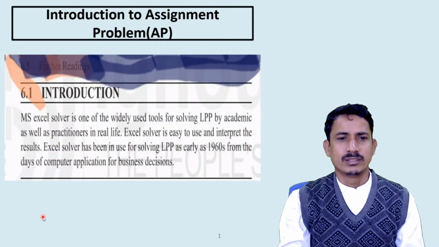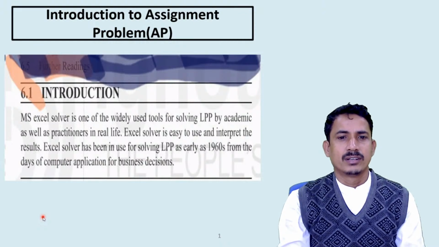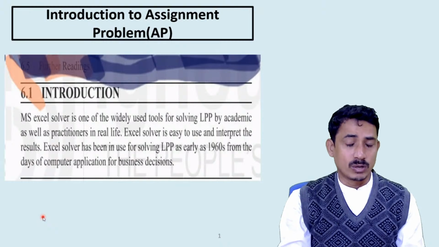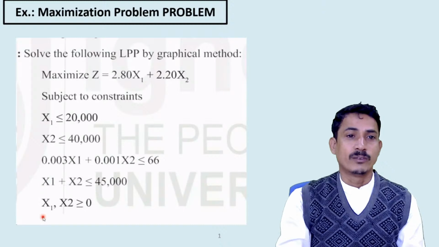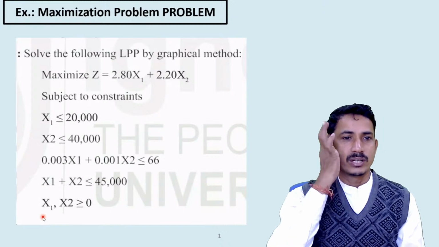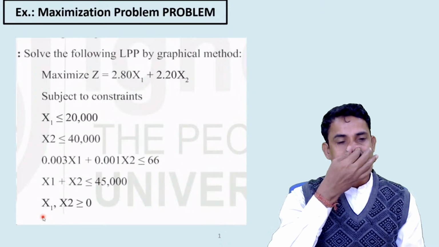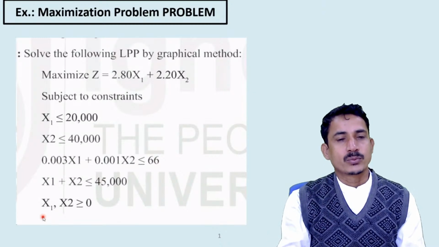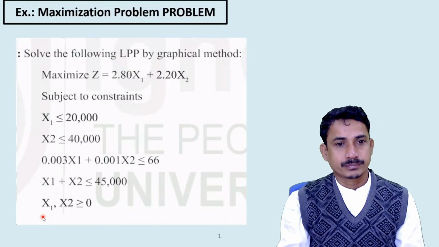You go to Excel Solver, which you will see today at the end of this session. What will be the value of x1, what will be the value of x2, and what will be the value of z in this case? Here two decision variables are taken, x1 and x2, so you have to find the x1, x2 values by using Excel Solver.